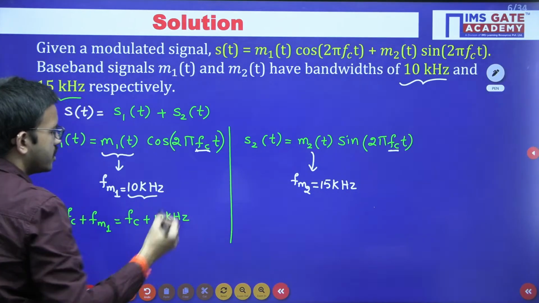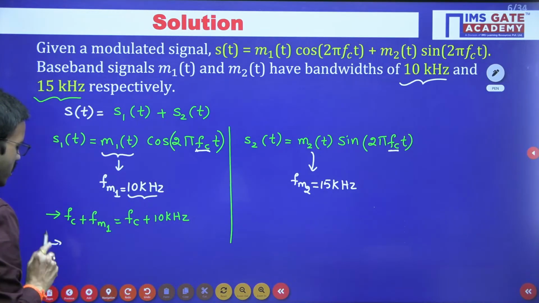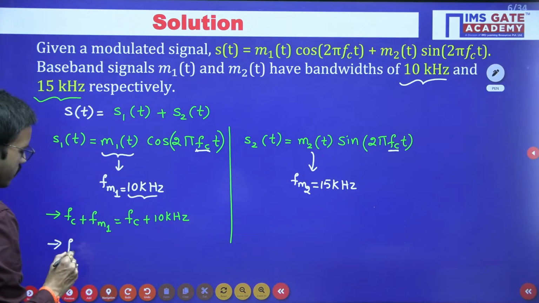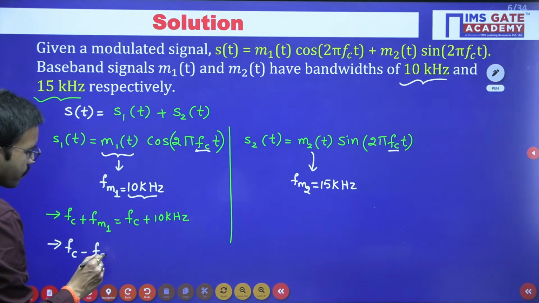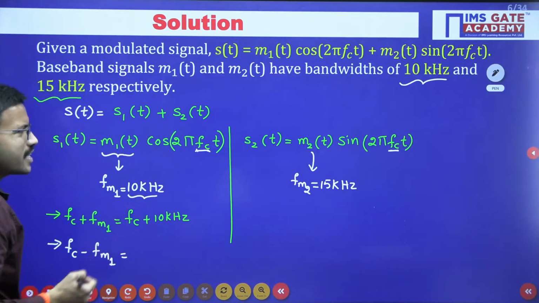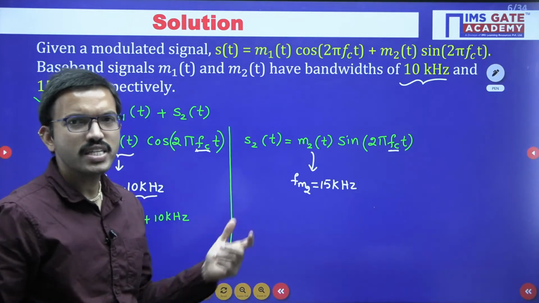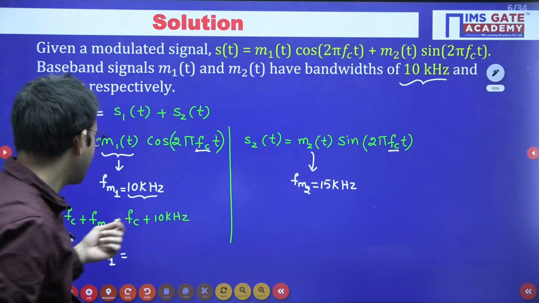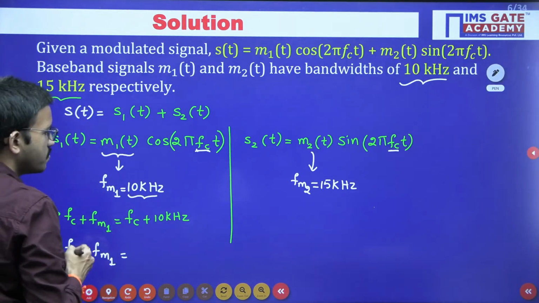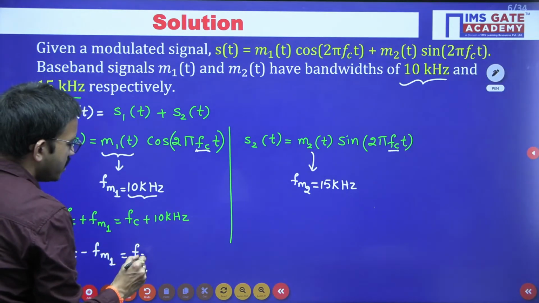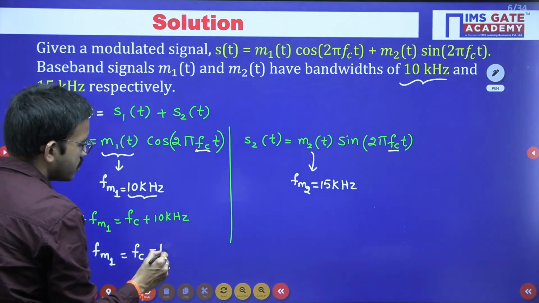The other frequency is the difference of the two frequencies. The carrier frequency will always be very high compared to the modulating signal frequency, so I have considered fc minus fm1, which gives fc minus 10 kHz.